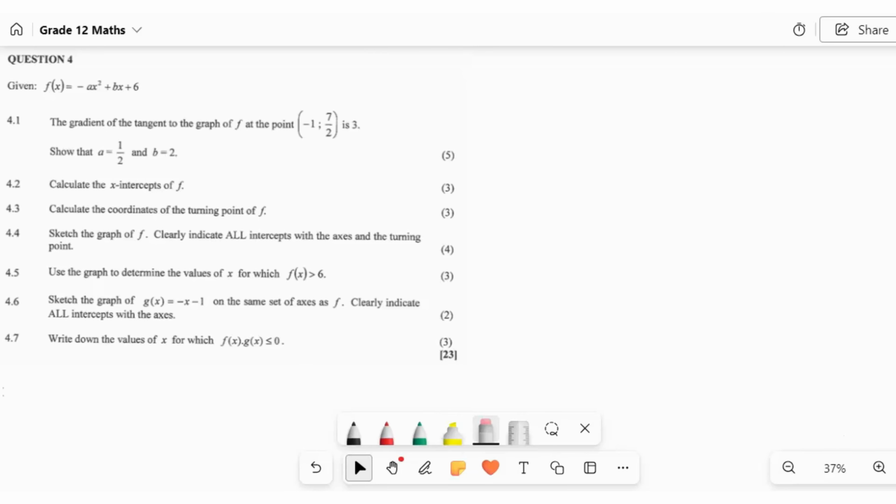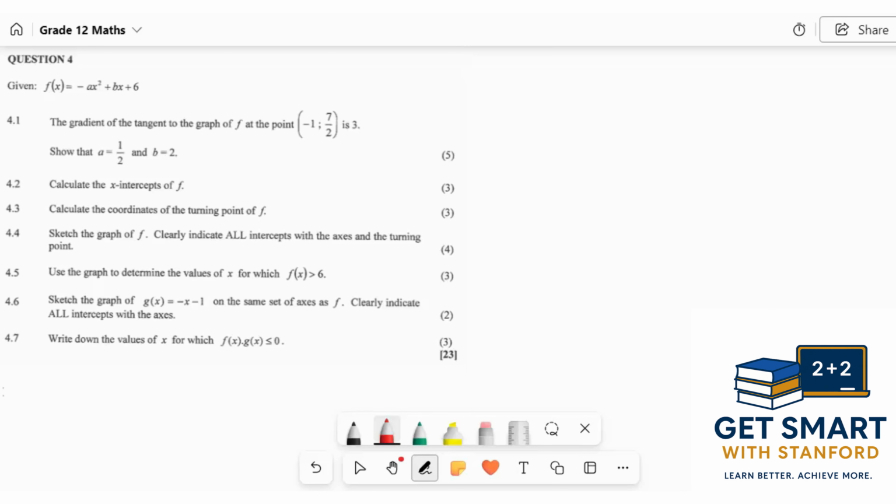From this information, we'll need to find the values of the constants, to calculate the x-intercepts, to determine the turning points, to sketch the graph of the function, and finally solve the inequality using the graph. This is a very important type of question that often appears in final exams. So just make sure that you follow each step carefully and understand what exactly we are going to deal with.